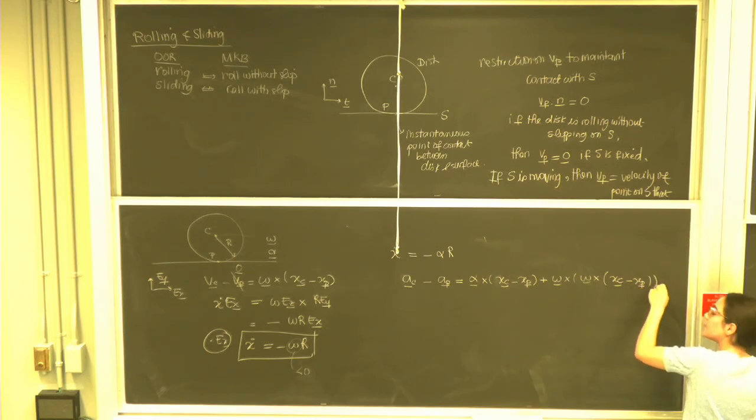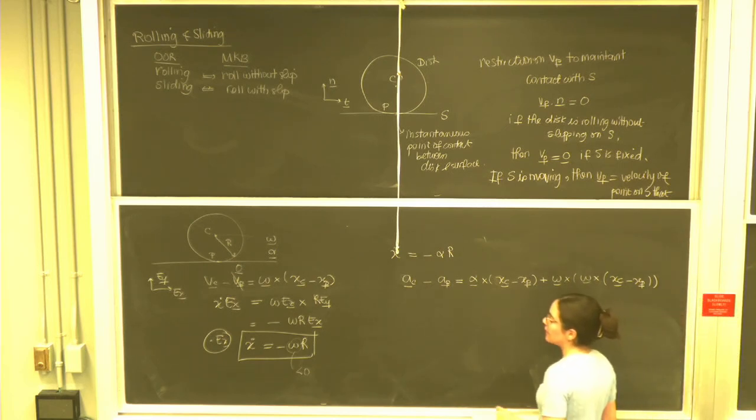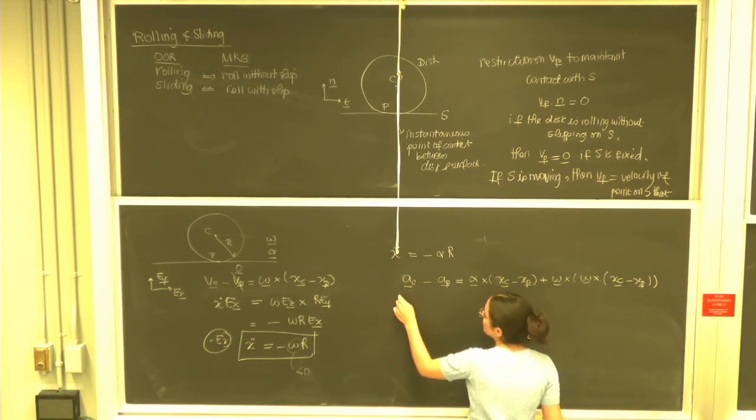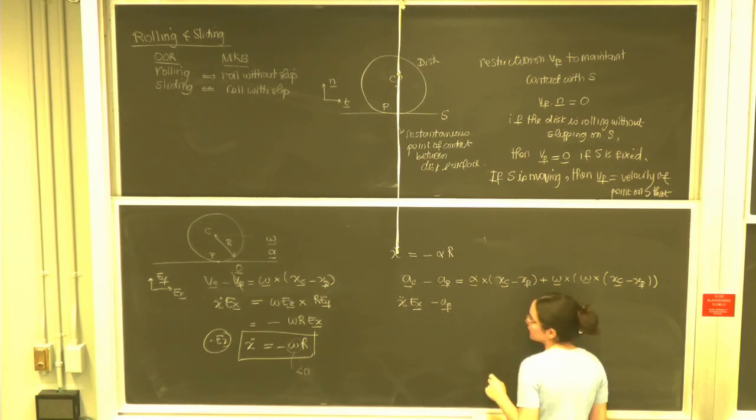Again, P is the material point that is located at this instant at point P. Ac is x double dot Ex. Ap, I do not know what it is.